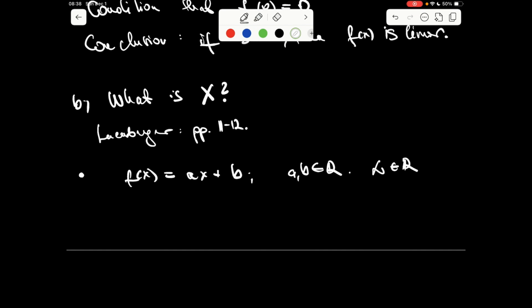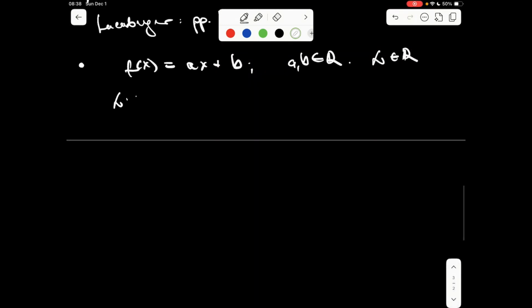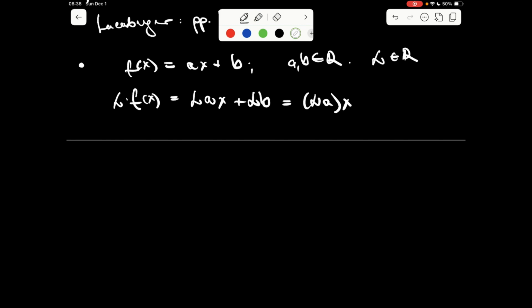So now alpha times f(x) can be written in this form, where most importantly these parameters are real.